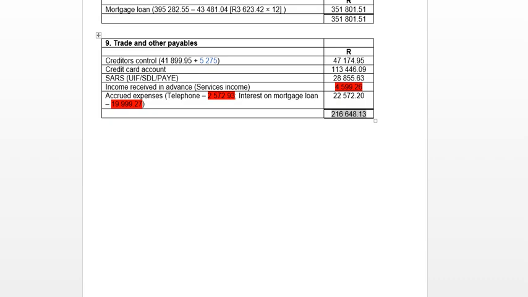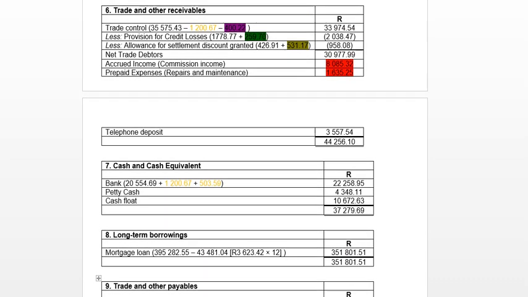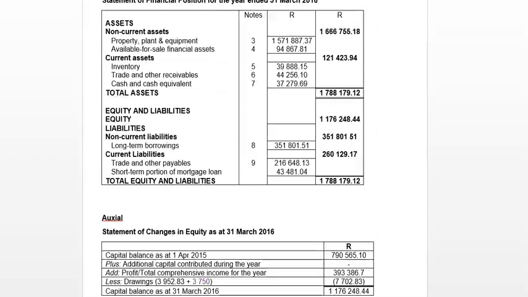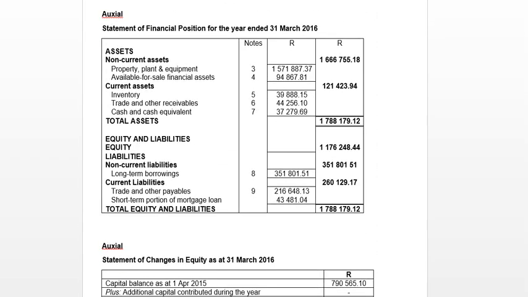So if you add all of that, then you've got a trade and other payables of 216,648.13 cents. Okay, and then our equity plus our liabilities equals 1,788,179.12 cents, and that equals our total assets.